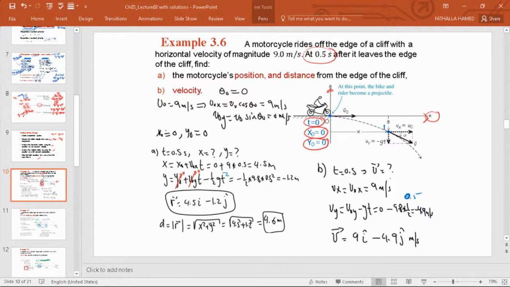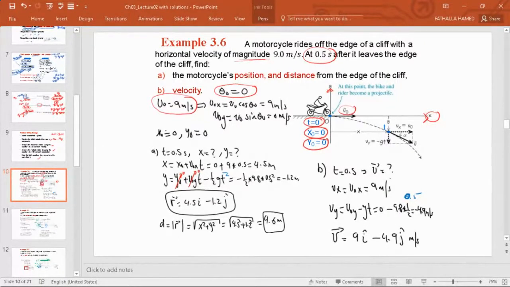They tell you that he's moving horizontally. So this is your initial velocity here, which only has an x component. That's why we say that theta 0 here is equal to 0, because he's starting horizontally this way. They give you the speed here, which is equal to 9 meters per second. And they tell you velocity of magnitude. So I say V0 here. I did not put an arrow.